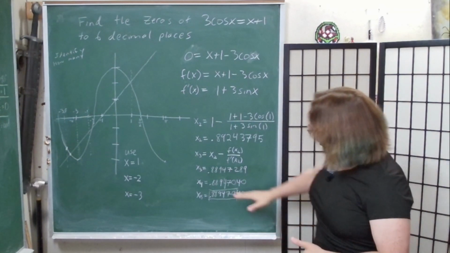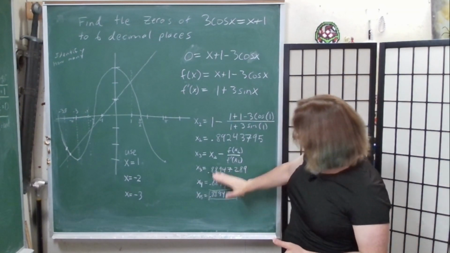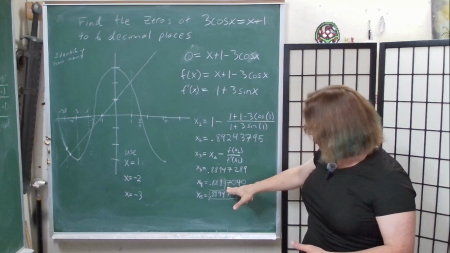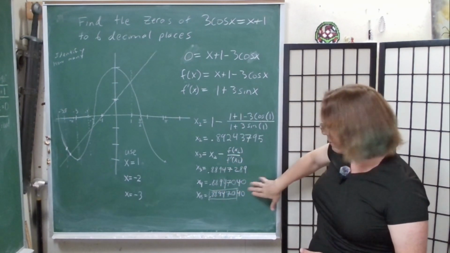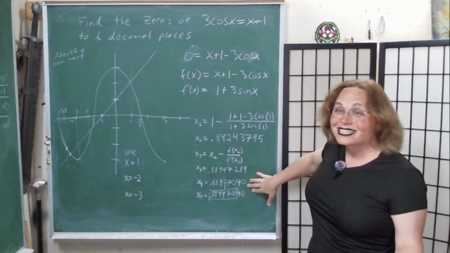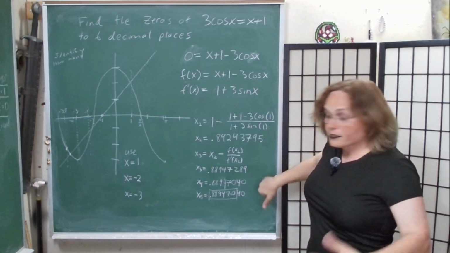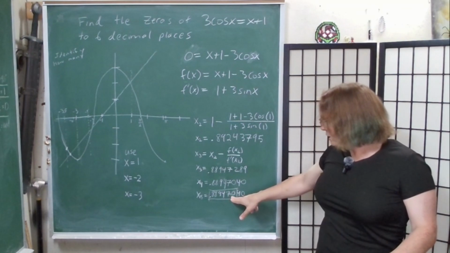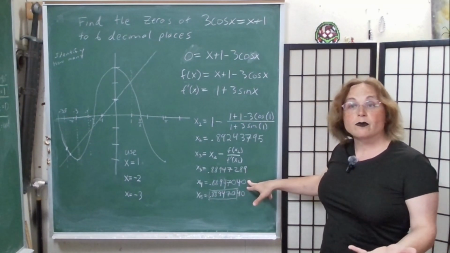So as long as we continue to converge to a value, we should be good to go. We go to x4, plug in the x3 up into here, and we get 0.88947040. We're only looking for 6 digits, so I went out to 8 digits. So we go to x5 and we get 0.88947040. Same thing we got for 4.